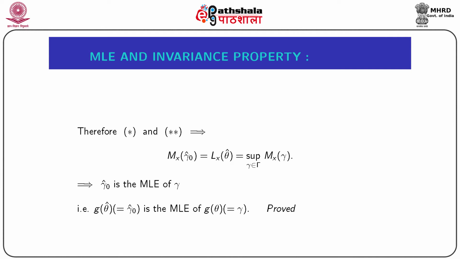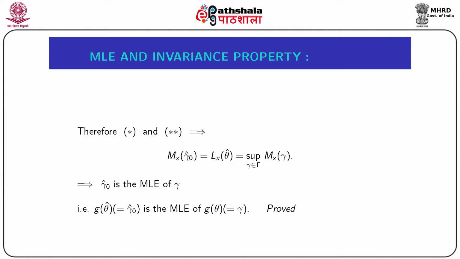This implies gamma naught hat in the true sense maximizes the function capital M_x(gamma). So gamma naught hat is the maximum likelihood estimator of gamma. But gamma naught hat is nothing but the function g at theta hat, and gamma is the function g(theta) itself. So finally we can say that g(theta hat) is the maximum likelihood estimator of the parametric function g(theta).